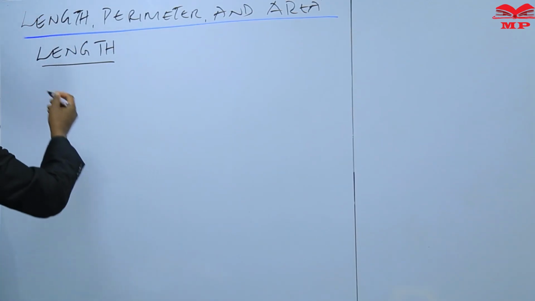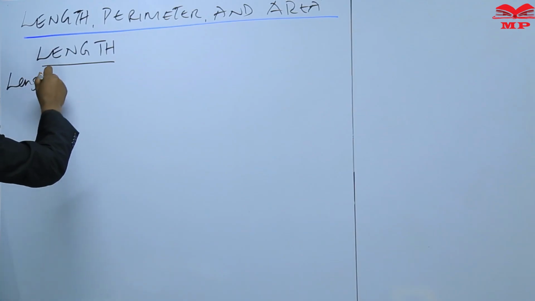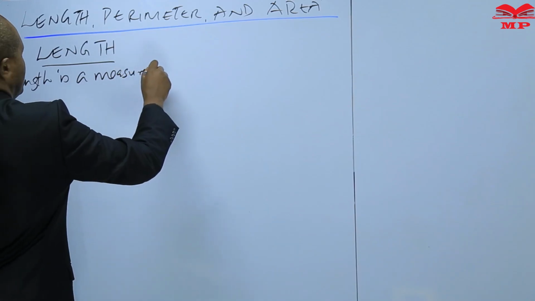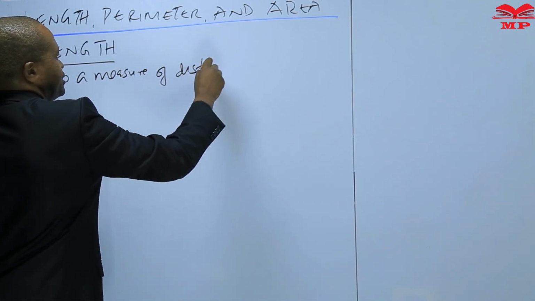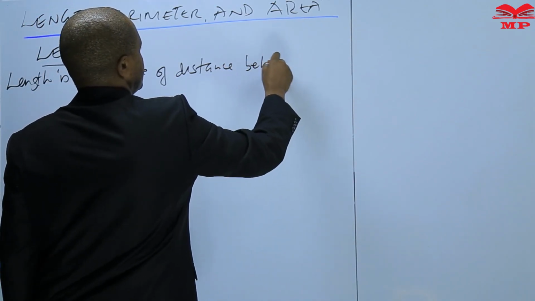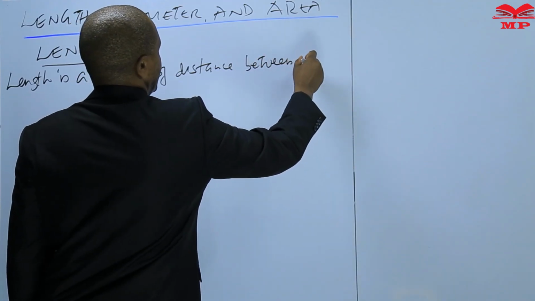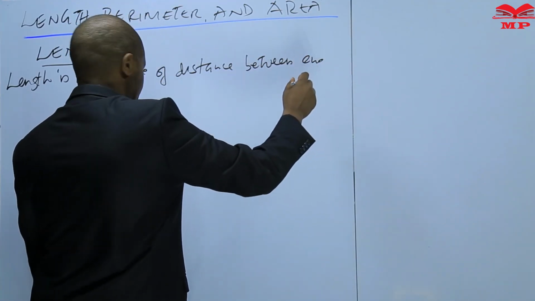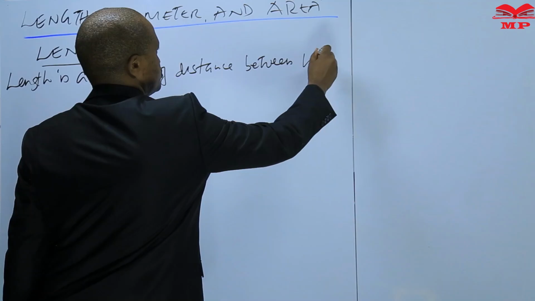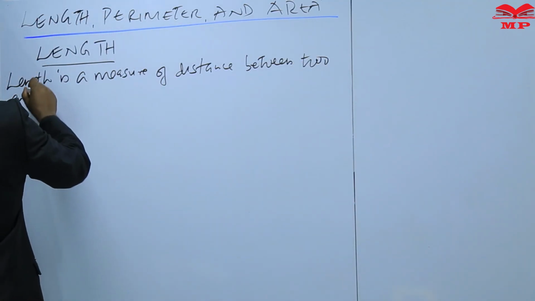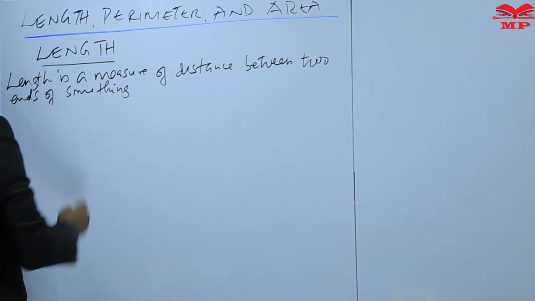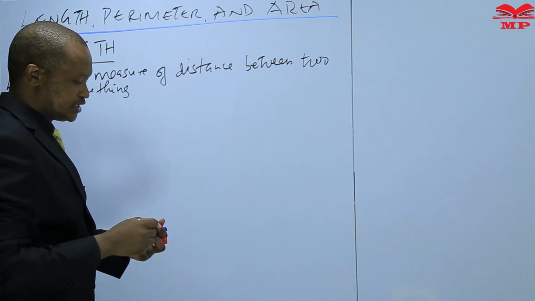So you can write down: length is a measure of distance between two ends of something.